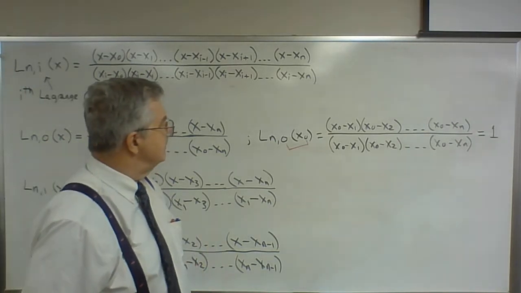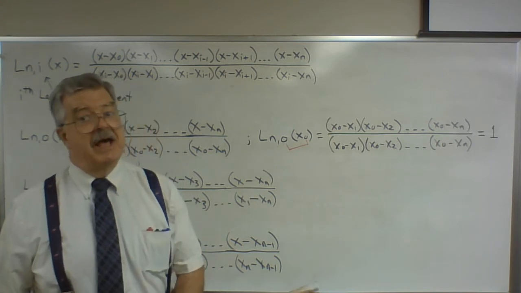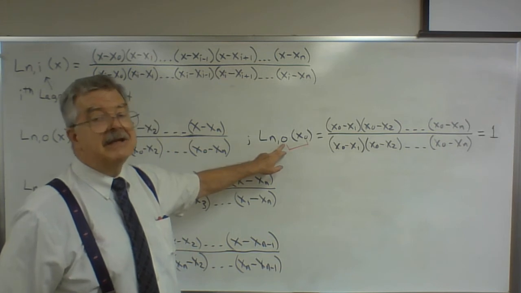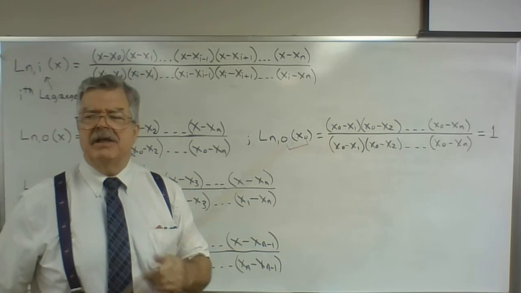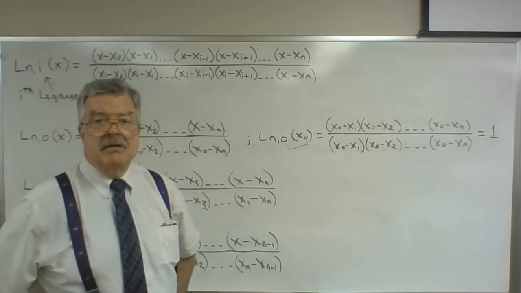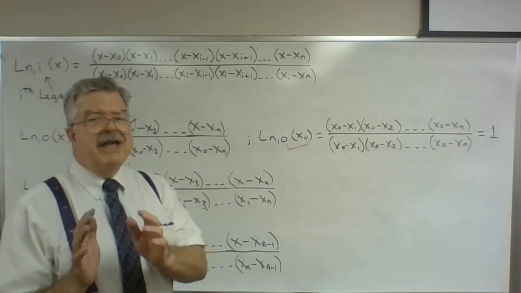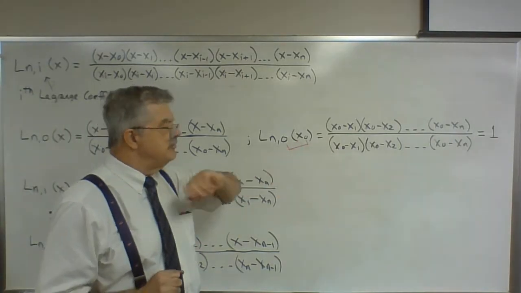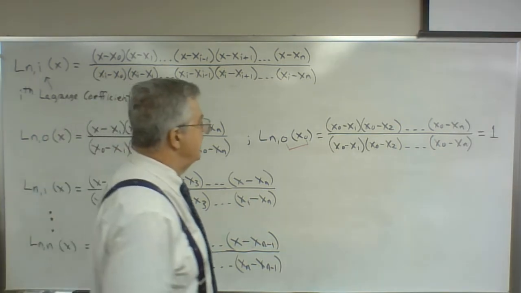Huh. Now let's try this again. We'll work with the zeroth Lagrange coefficient again. But this time, let's plug in x of 1, the x value of some other data point, the x value of some data point other than x of 0, f of x of 0. And let's see what happens.